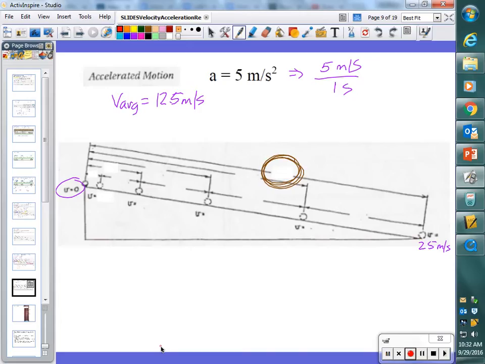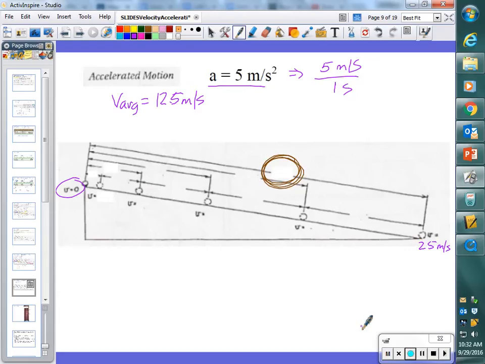Yesterday, at the end of class, I gave you this ramp. We didn't quite get all the way through it, so let's figure this out here, then we'll move on to the next stuff for today. This object, as it rolled down this ramp, was experiencing an acceleration of 5 meters per second squared.